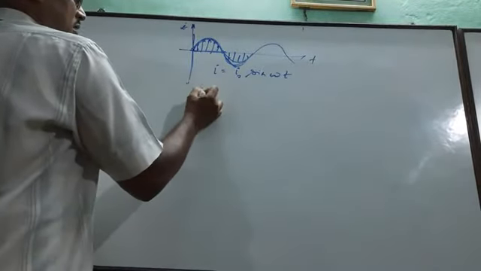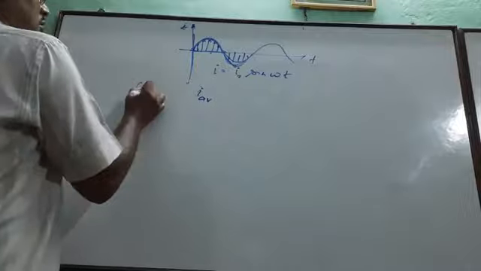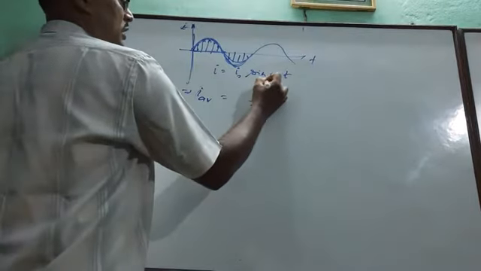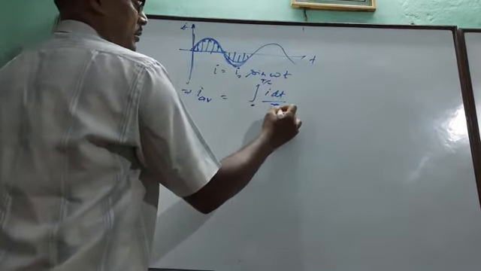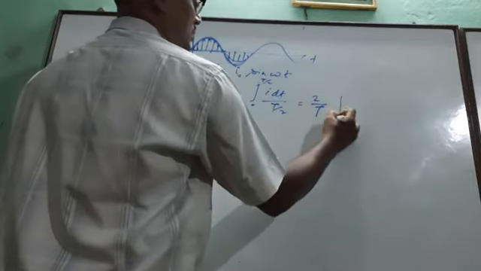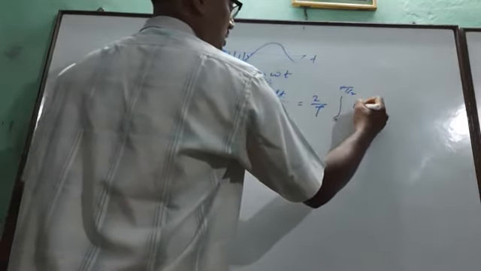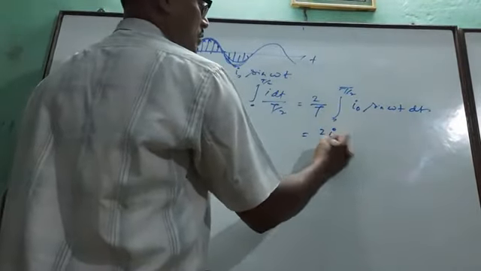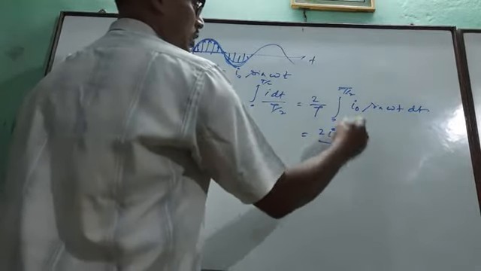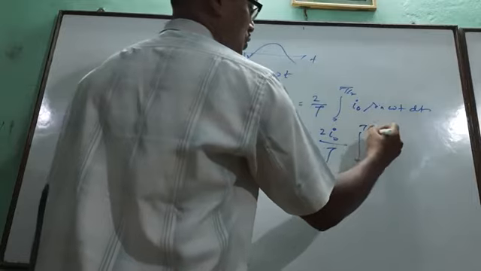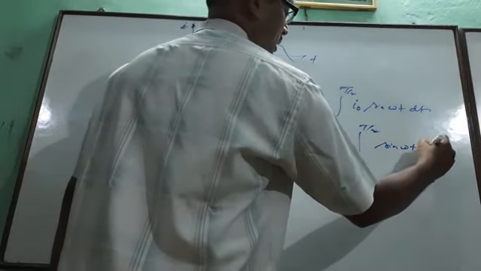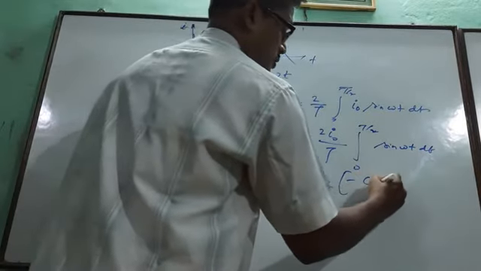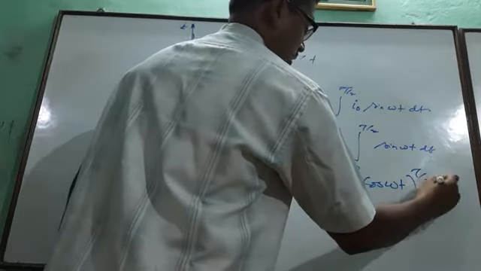I average for T by 2, obviously I average is the integral from 0 to T by 2 of I dt divided by T by 2, that is 2 by T, integral 0 to T by 2 of I0 sin omega t dt, and this is coming 2 I0 by T. So integration is done here, and omega comes out, minus cos omega t from 0 to T by 2.